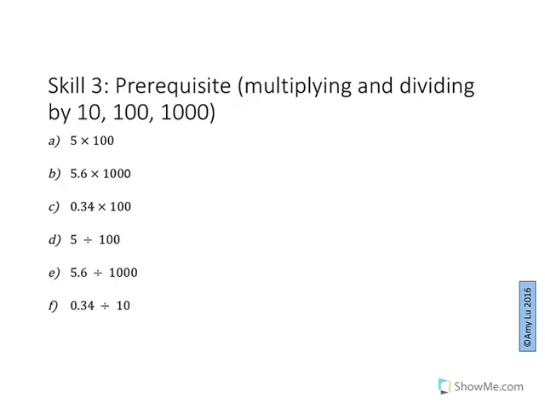Okay, finally, the last skill is being able to convert our metric units. But first you have to remember how to multiply by hundreds, tens, and thousands. If you know what to do at this time, just pause the video and start.